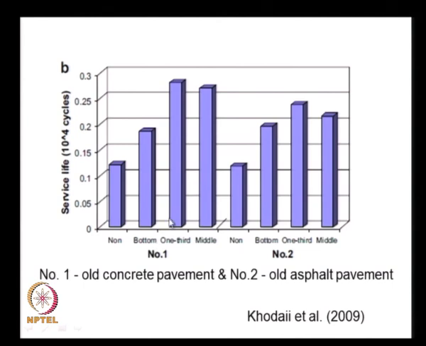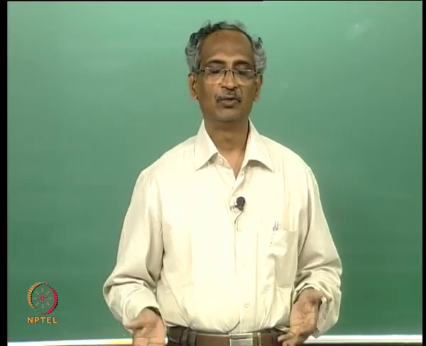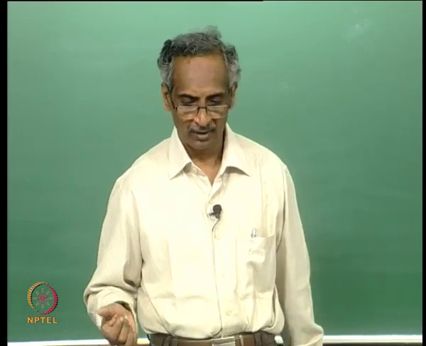The same data is published in a slightly different form: no reinforcement, and reinforcement provided at the bottom, at 1/3 and at mid height. When the reinforcement is provided at 1/3 height from the bottom, it has the maximum benefit. So we see that when we place a reinforcement at the bottom 1/3 of the new overlay, we can increase the longevity of the pavement.